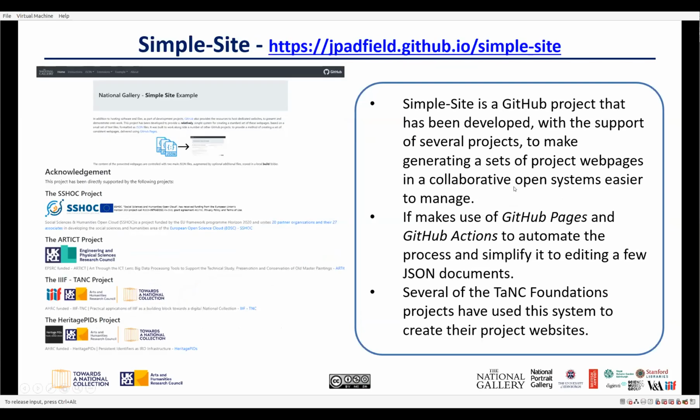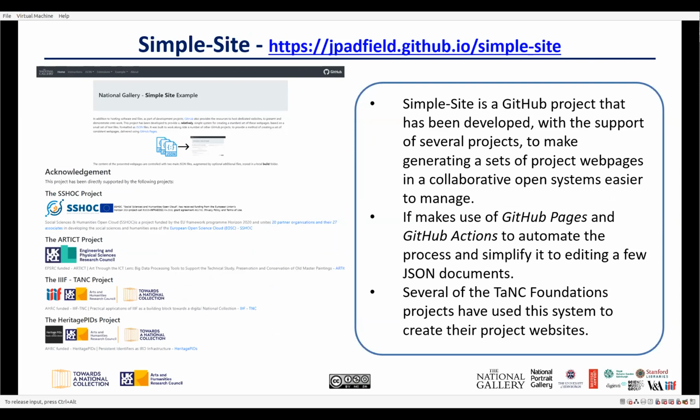Now, Simple Site is basically a set of code that's been written to allow users to create a set of web pages based on a simple edited JSON document. I'll come back to that in a second.